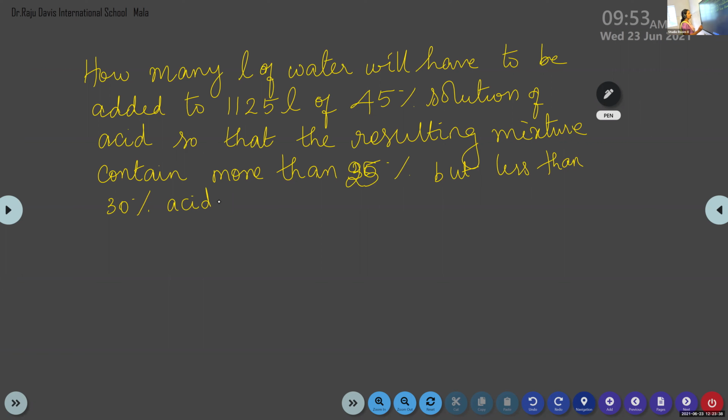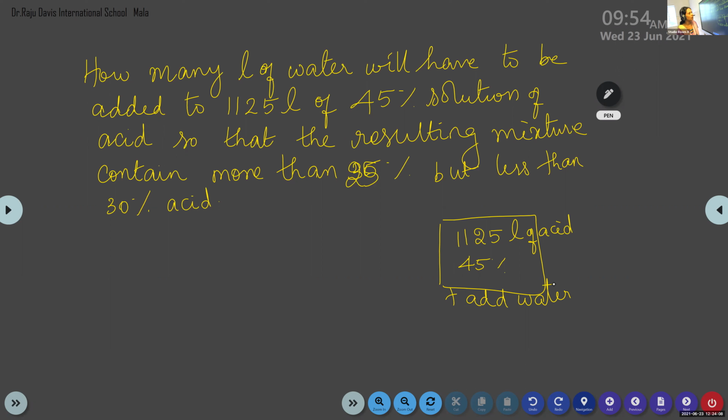Listen children. We actually have 1125 liters of a 45% acidic solution. With this I am going to add water. When you add water, what happens to the acidic property? It will get reduced, isn't it? So we want to find how much water we have to add.